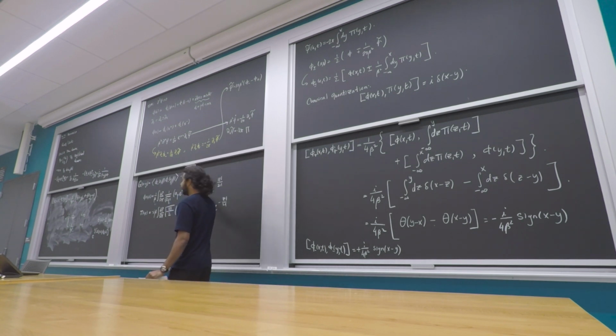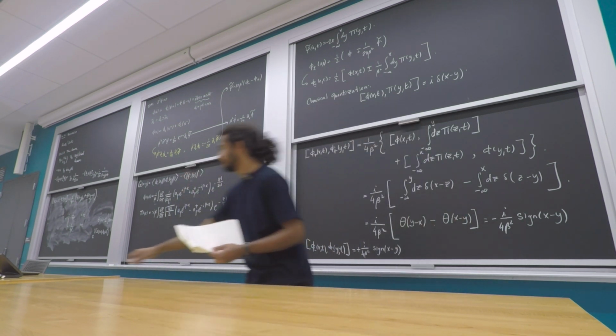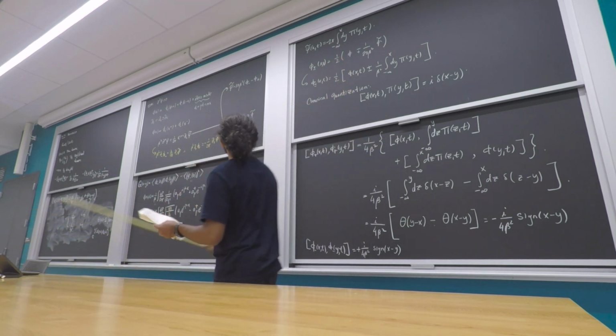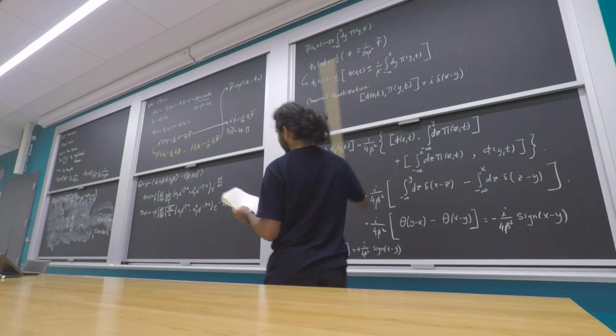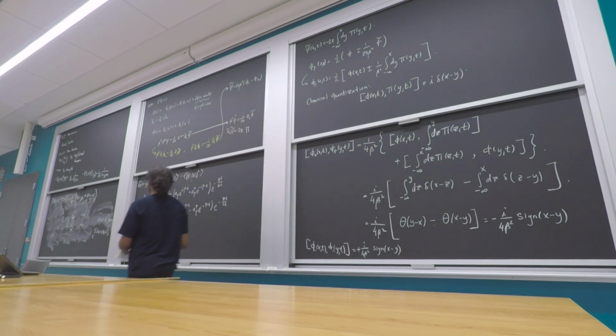Now if we have phi and pi, we can find phi plus minus from this relation.